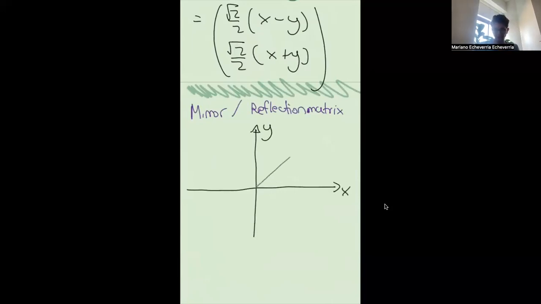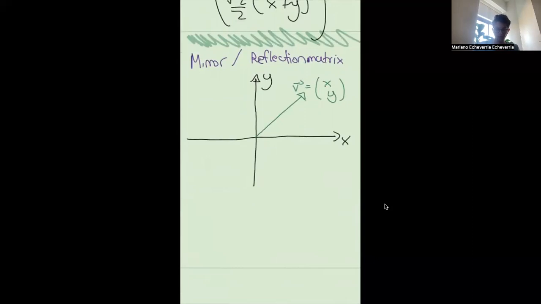So in this case, I have a vector x, y, okay? And I know what I want the new vector to be. Imagine that now the x-axis is a mirror. So I put a mirror along the x-axis, right? When you have a mirror, you just reflect the image.